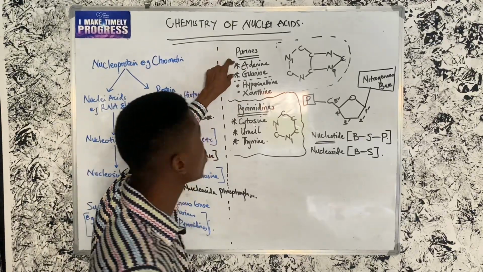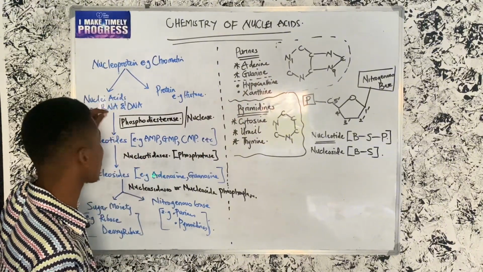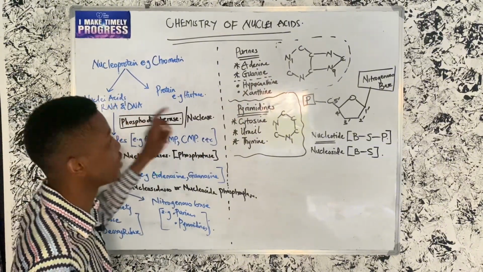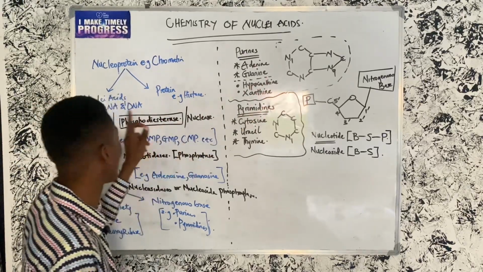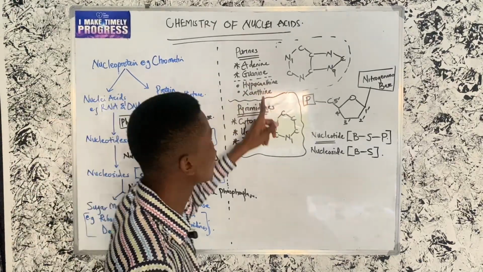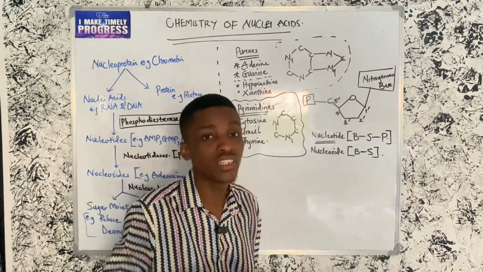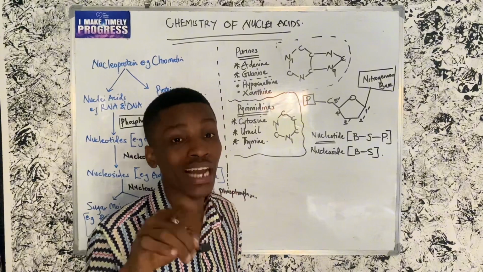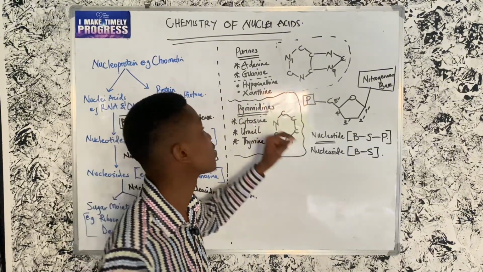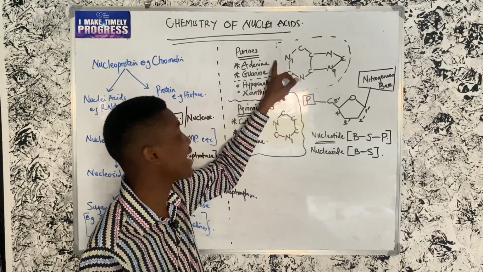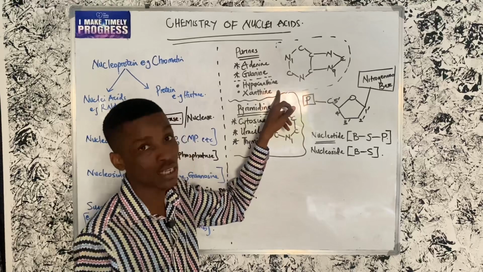We have the 2 major purines, adenine and guanine, both found in both DNA and RNA. So that means adenine is in DNA, it's also in RNA. Guanine is in DNA and RNA. Hypoxanthine and xanthine are just derivatives we have along the way, from deamination. When we remove an amino group from adenine and guanine, we end up forming either hypoxanthine or xanthine.